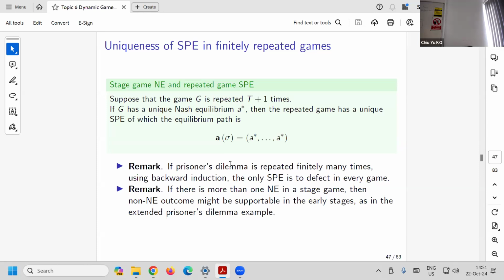No matter how many times you repeat, right? But if you allow ourselves to make more choices, then actually you can sustain something good. All right, so that is something new here, right? Allowing some strategic freedom actually can allow something desirable to come out.